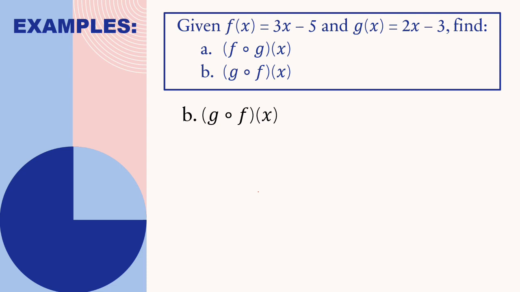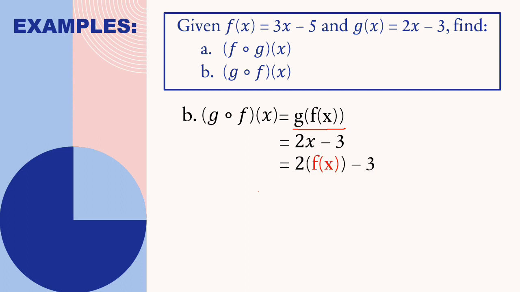For letter B, we are going to get g composed of f of x. So this is equal to g of f of x. Then we are going to write first g of x function, that is equal to 2x minus 3. So our given here is g of x is 2x minus 3.